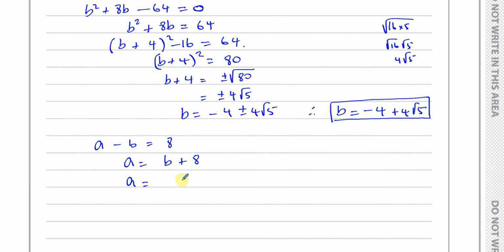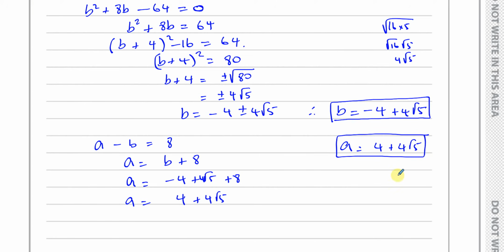So a is equal to minus 4 plus 4 root 5 plus 8. Minus 4 plus 8 is 4, so 4 plus 4 root 5. So we can say a is equal to 4 plus 4 root 5. So there's the value of a and b, and we've solved the problem.